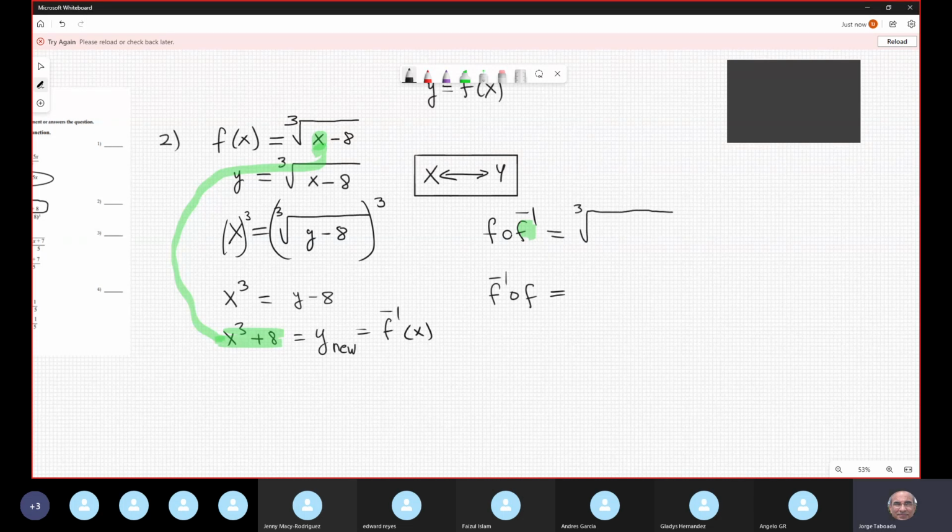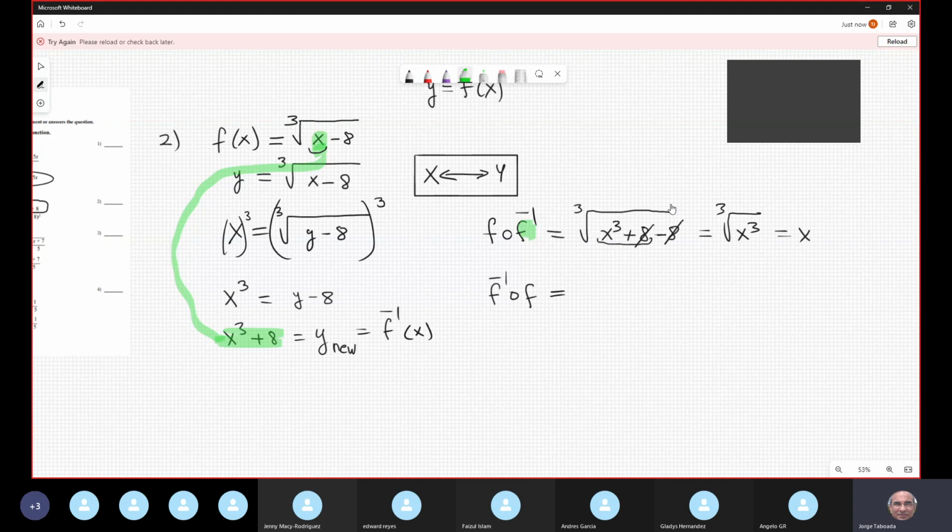I copy the outermost cubic root and replace x with x cubed plus a, minus a. Do you understand what we are doing? So this is this. Positive a and negative a cancel out, and what stays is the cubic root of x cubed, which is x. It is the identity.